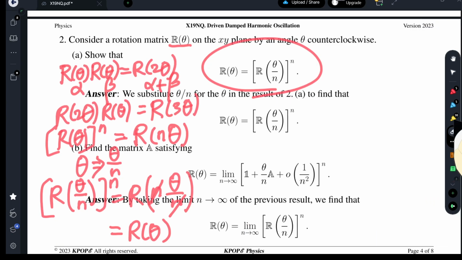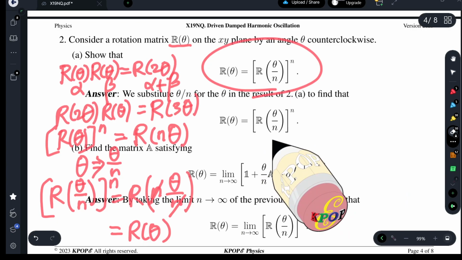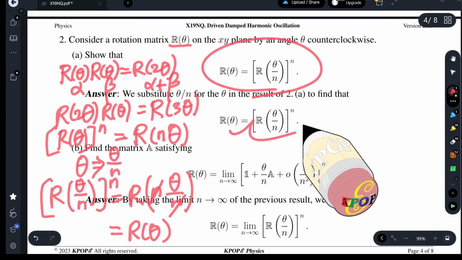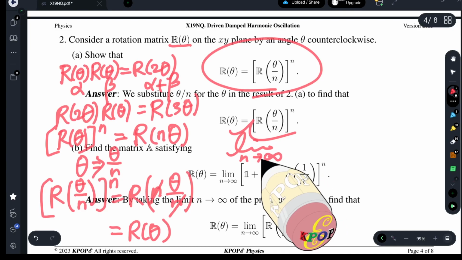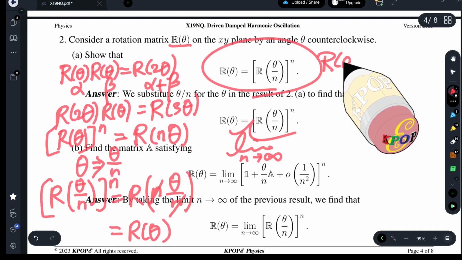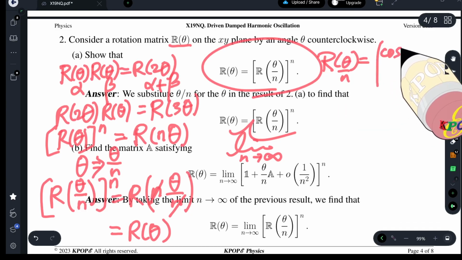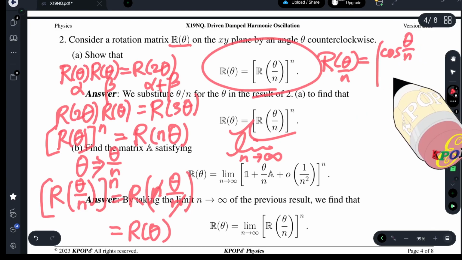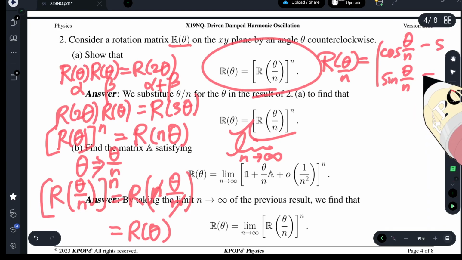Why don't we take the limit, insert the limit as n goes to infinity? In that case, we'd like to see the structure: cosine, sine, minus sine, and cosine with the same argument.